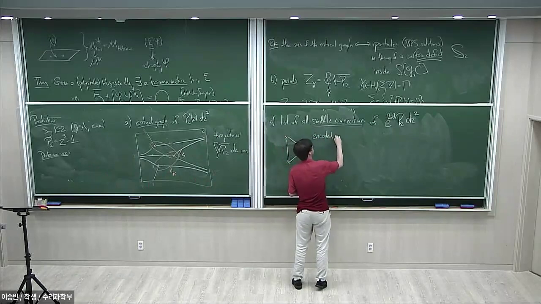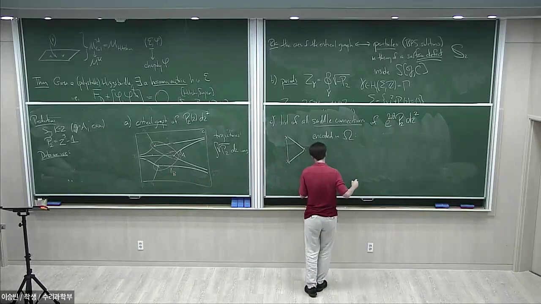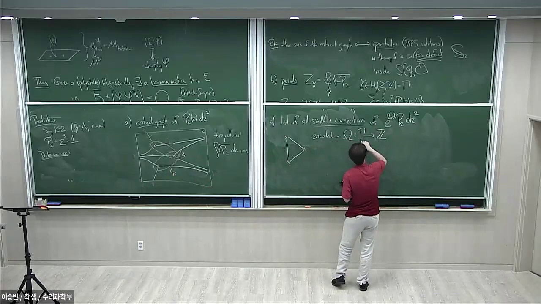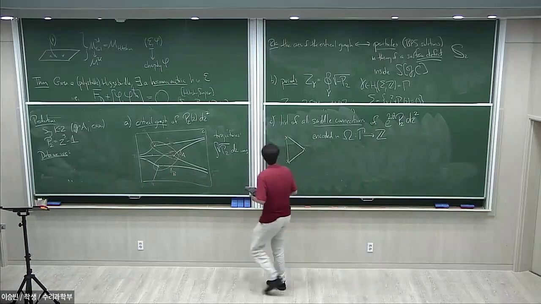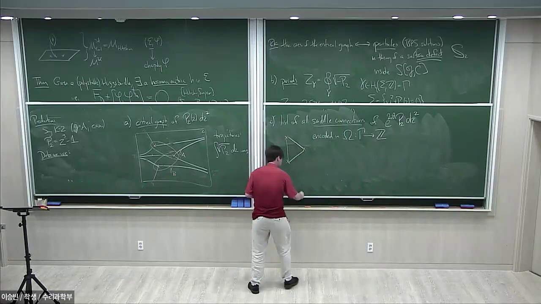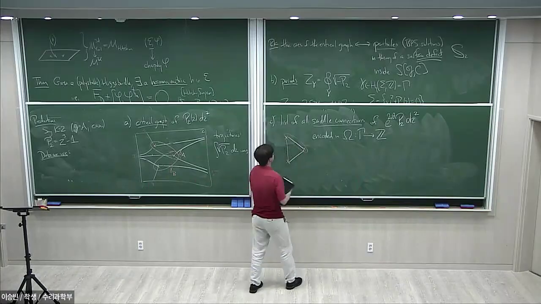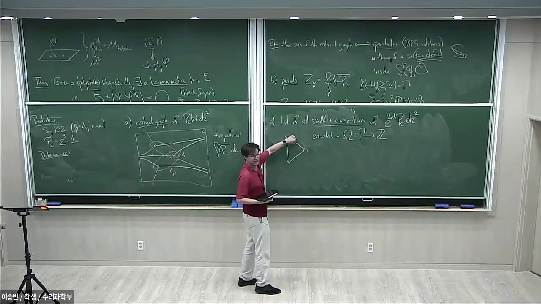And we'll sort of record this in a function from the first homology to Z. Why first homology? Because for every one of these saddle connections, I can consider its lift. And that lift gives me a homology class, which I kind of attach to that saddle connection.